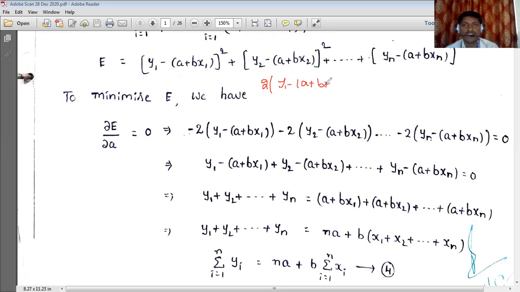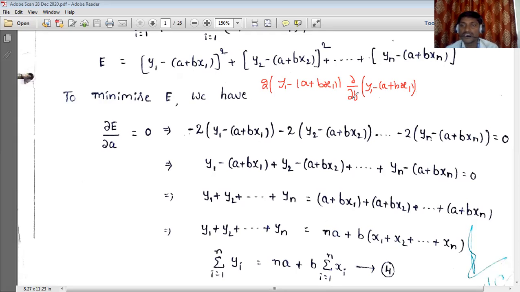This is what we are applying. Here we are applying the partial derivative with respect to b, so only that term gets differentiated.